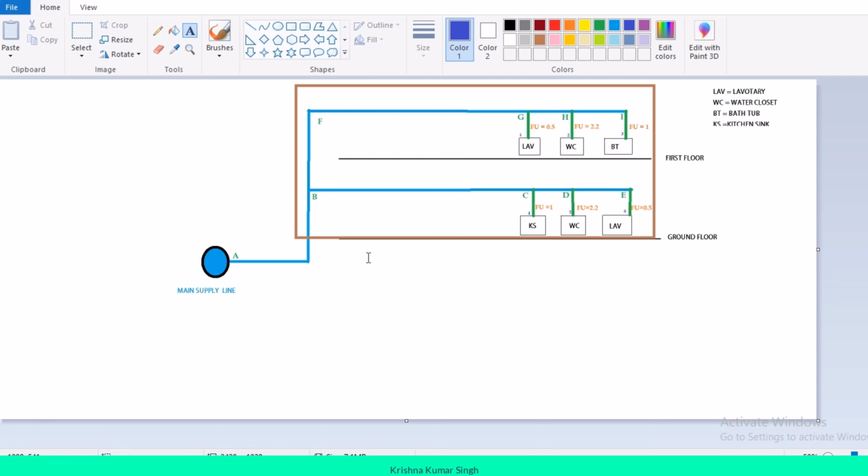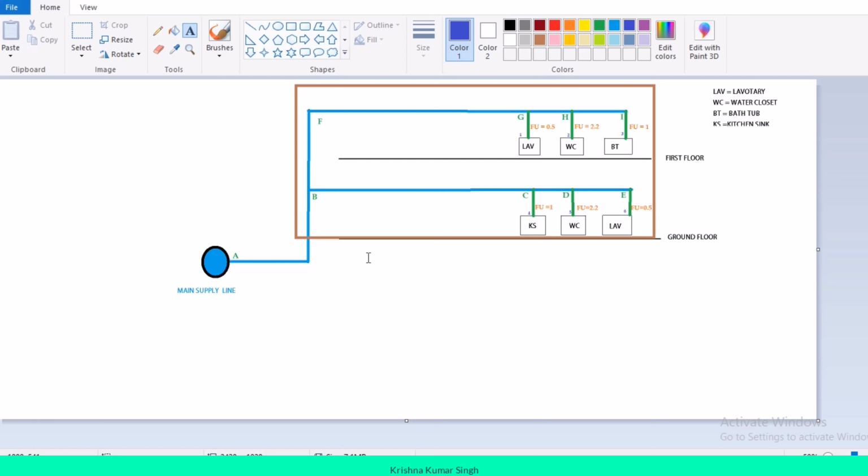Please remember, to find out the water demand, which is actually the GPM, it is necessary to find the total fixture units, and then after finding the fixture units we will convert those total fixture units into GPM. I will teach you everything.